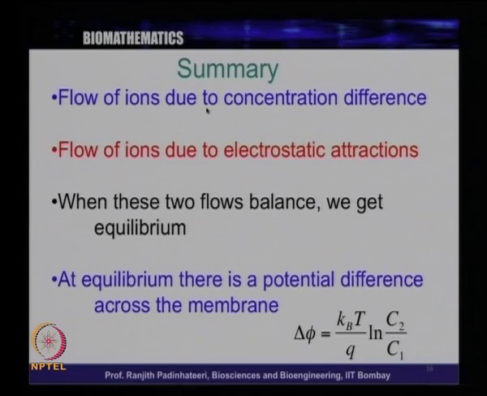When these two flows balance, we get equilibrium, and at equilibrium there is a potential difference across the membrane, given by delta phi equal to kBT by q into ln C2 by C1. This is the famous Nernst equation.